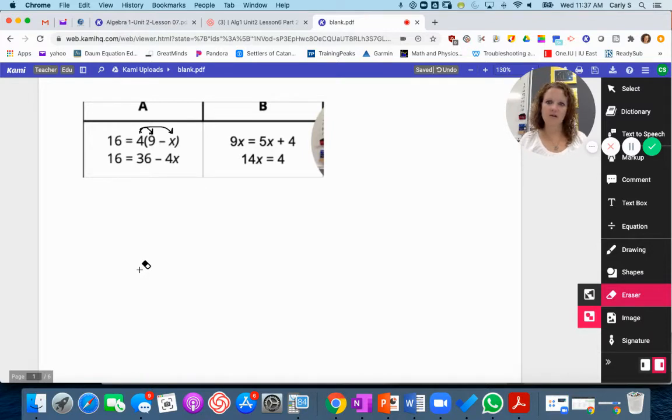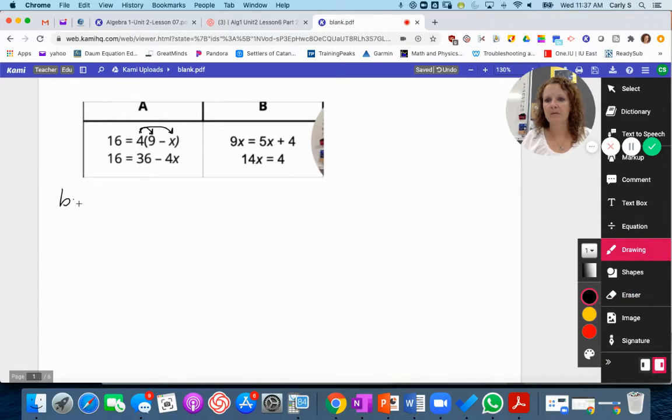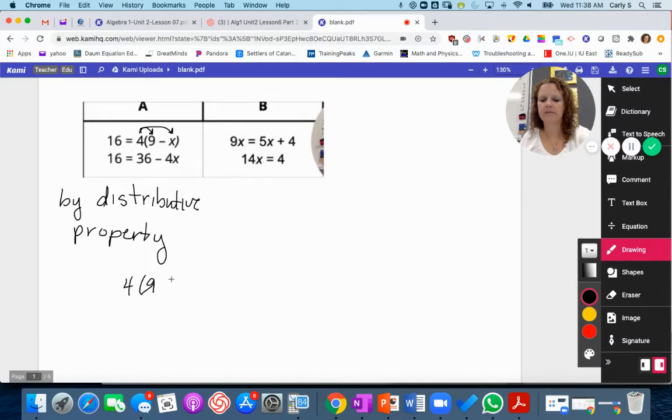All right, so if x is a solution to the first equation, it's also going to be a solution to the second equation. I'm basically going to say, by the distributive property, that's the property we're using, 4 times 9 minus x is the same as 36 minus 4x.